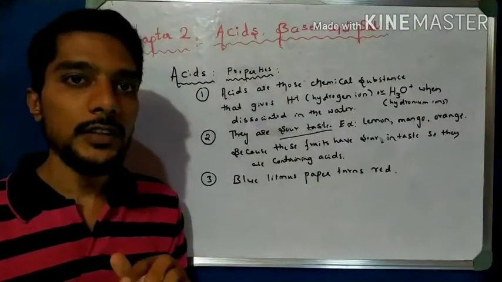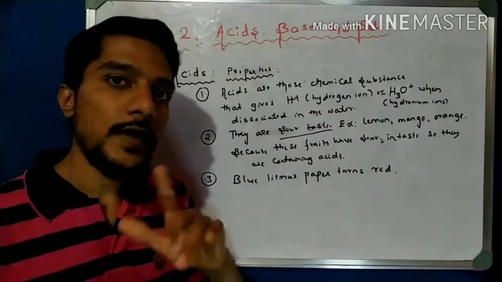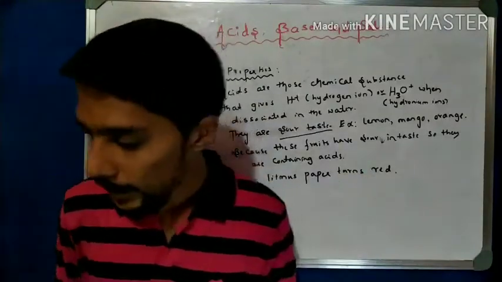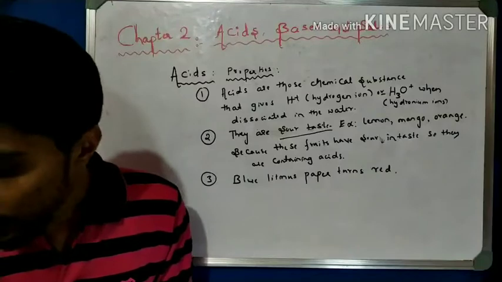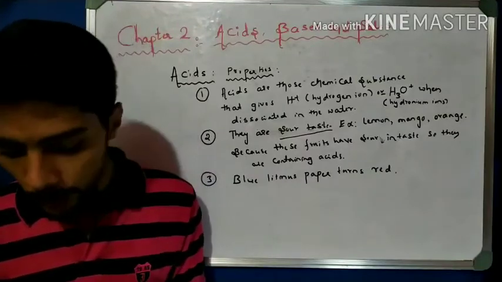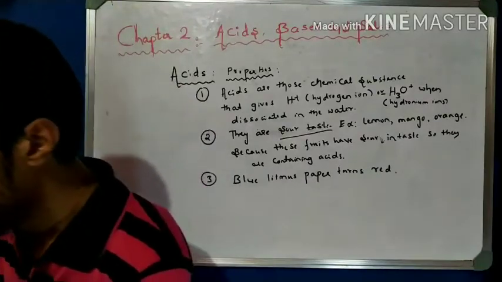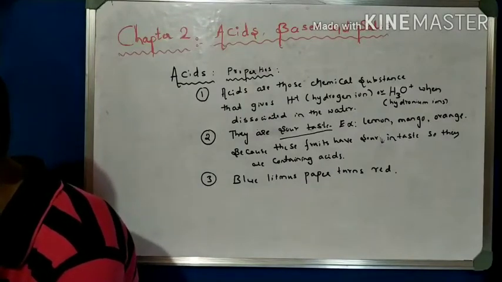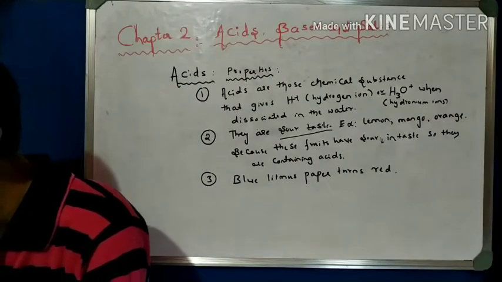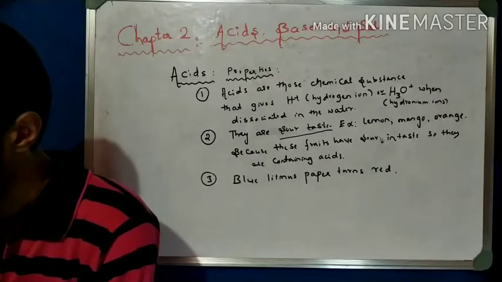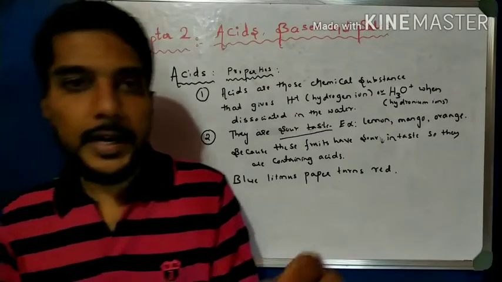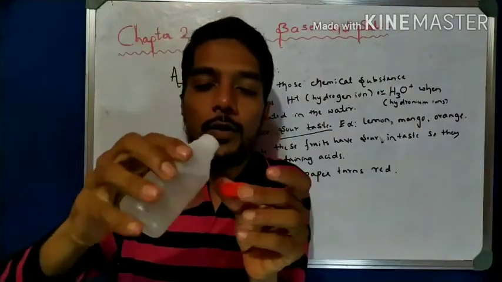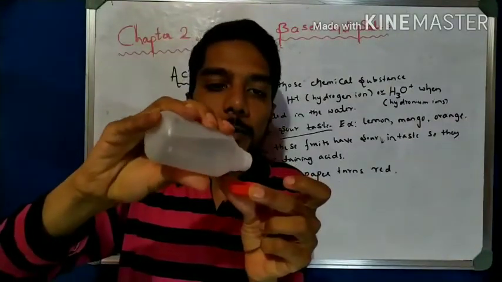I take one substance, and if that substance is acid, this blue will turn to red. Observe, I take one substance here which is unknown for me and for you, a solution which may be acid or not, I don't know.